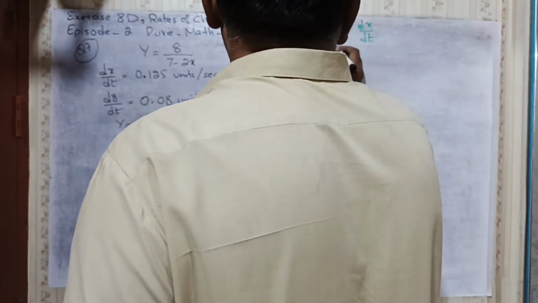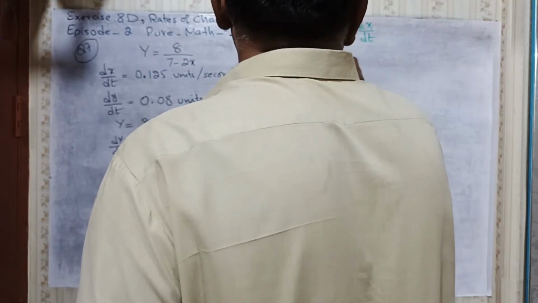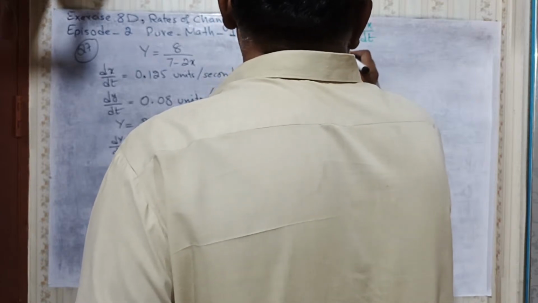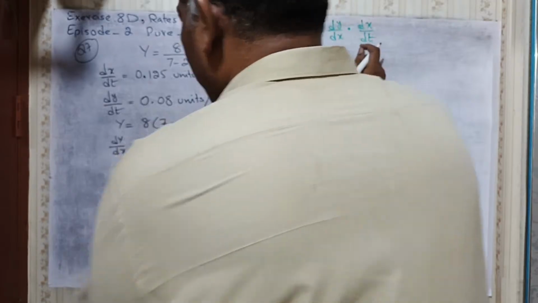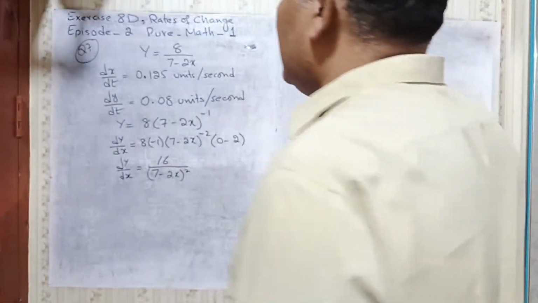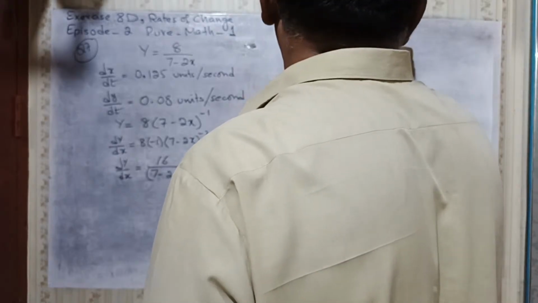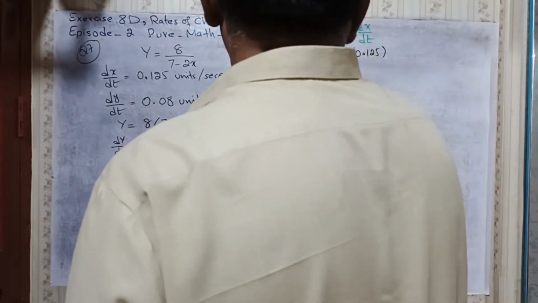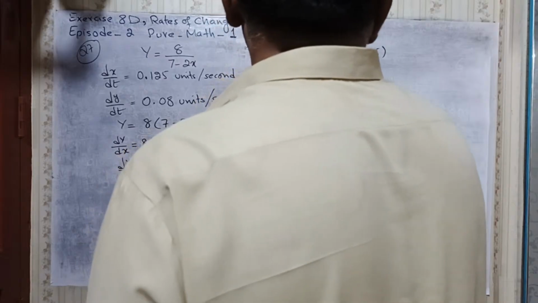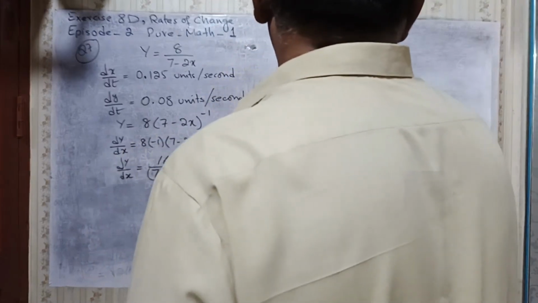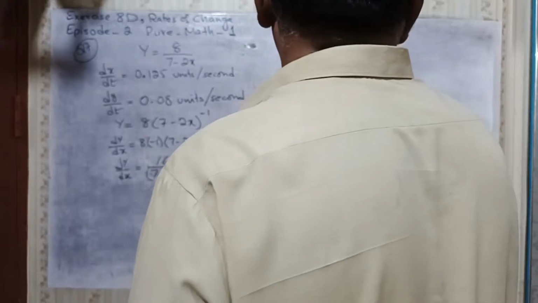0.08. And dy by the dx value I don't know. I will find out. And dx by the dt is 0.125. So my dy by the dx will be equals to 0.08 divided by the 0.125.